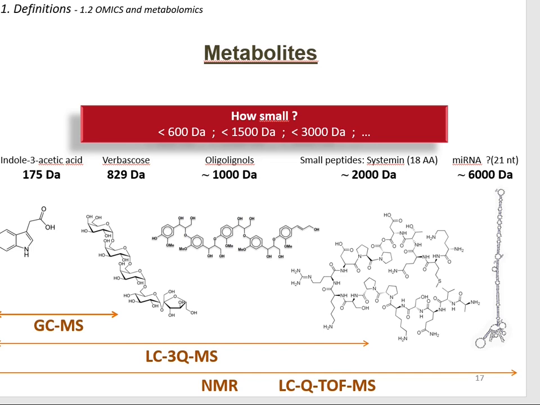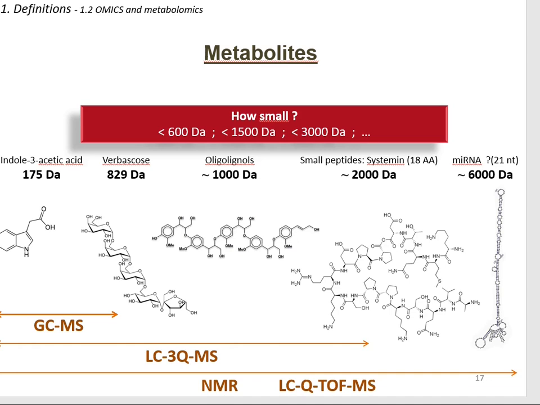In GCMS, you cannot go above 1,000 Dalton. With LCMS, there is theoretically, with many machines, no limitation. So a few thousand Daltons is no problem. And in NMR, this is about the same. There is no real limitation. Then you have other limitations, which are the extraction of this compound, the preservation of the integrity, and so on.